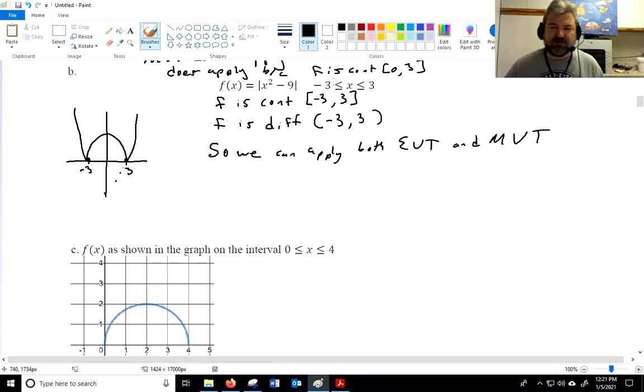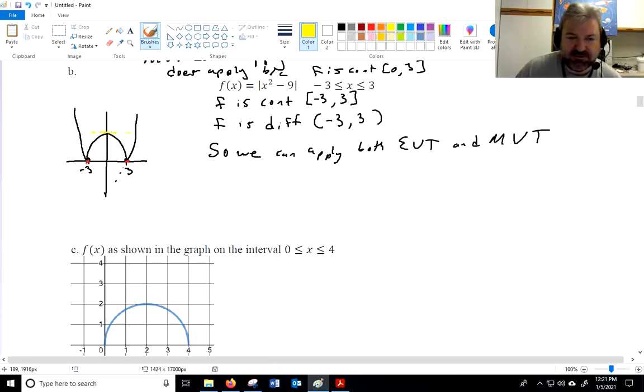Okay, let's just take a look at the picture to talk about why, or what we would expect the results to be. You could see that f of negative 3 and f of 3 are both 0. So the average rate of change there is 0. So in fact, we could even say this is Rolle's theorem. So we would expect there to be a horizontal tangent line, and there certainly is right there. Also, we expect there to be an absolute max and an absolute min on this interval.